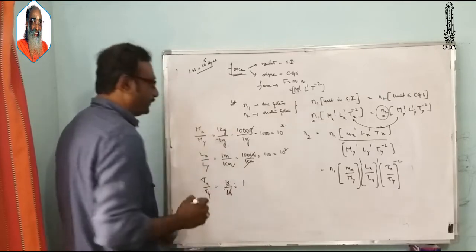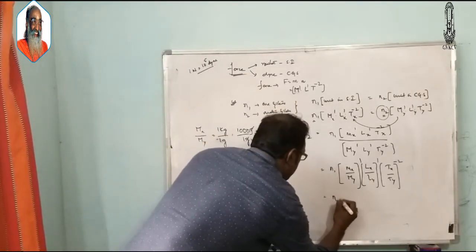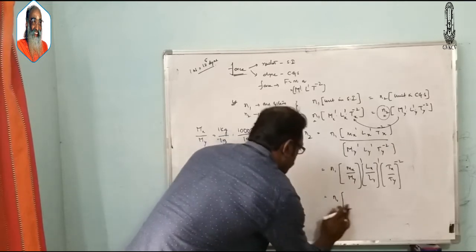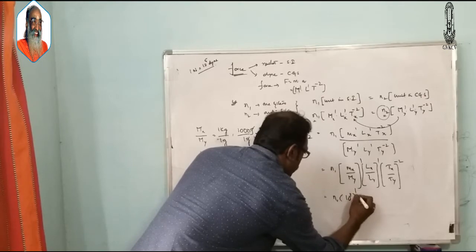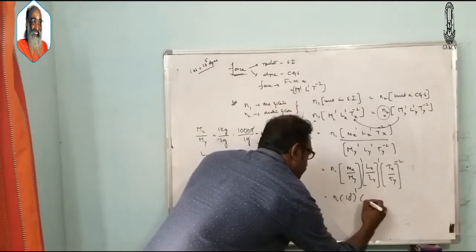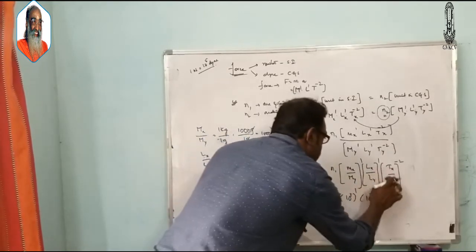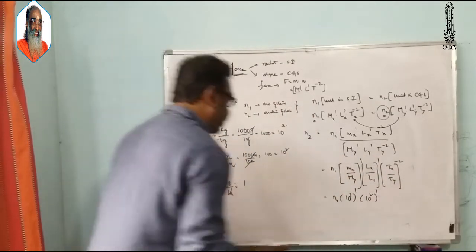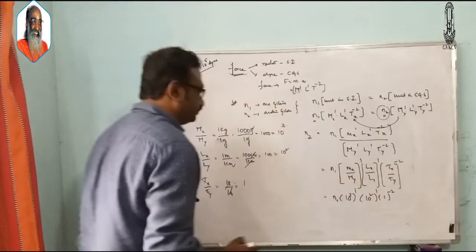So it is 1. Now I got this as n1, Mx by My is 10 to the power of 3, to the power of 1; Lx by Ly I got as 10 square, so 10 square to the power of 1; Tx by Ty is 1, to the power of minus 2.